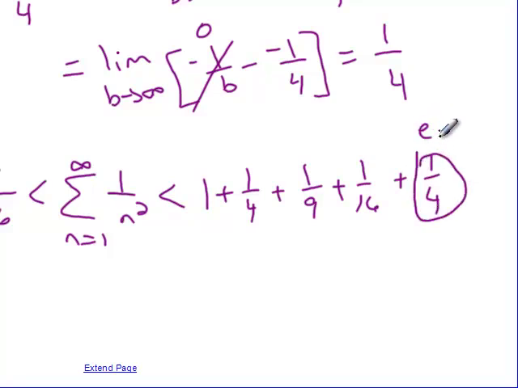This was the error. So if I take my summation and I add that error statement, I know that the actual value is in between those two numbers. So anyway.